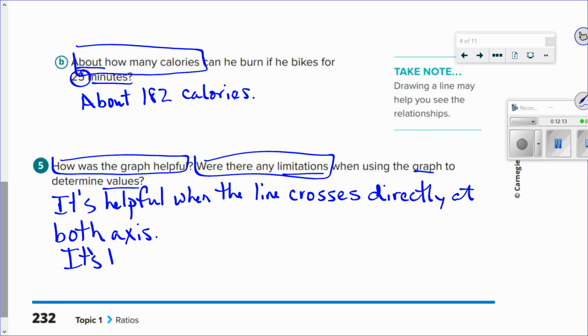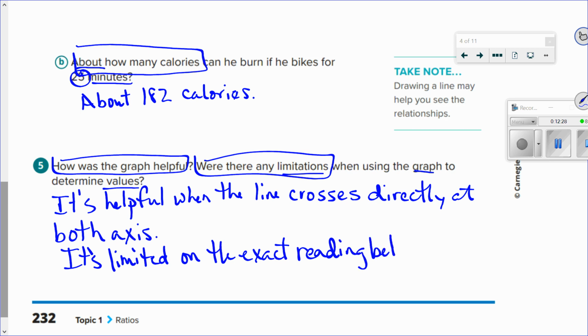It's limited on the exact reading between lines. So if it's in between the intervals, it's not nearly as beneficial as when it crosses directly on the two points. Okay, you should make sure you have all of this written down.